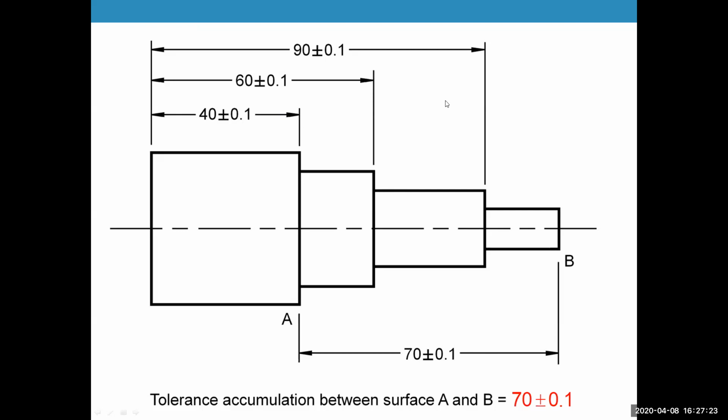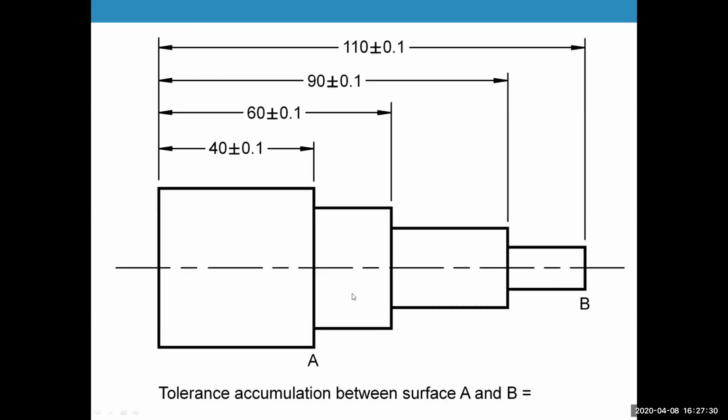You can't rely on these other dimensions, like in this example. You can't rely on this and this to provide you with a 70 plus or minus 0.1. It could, but there's no guarantee that it would, right?